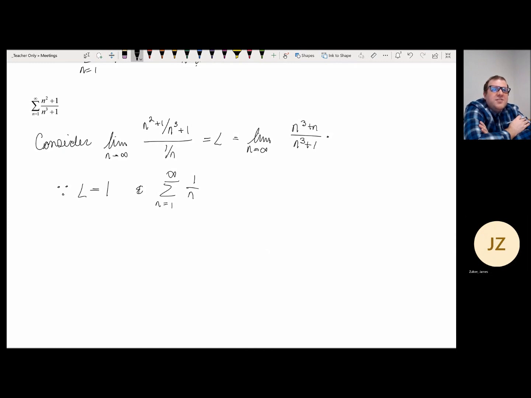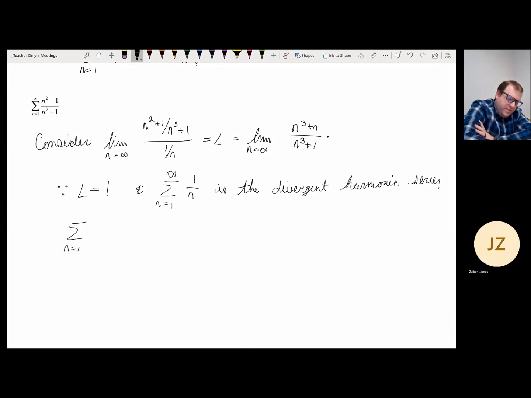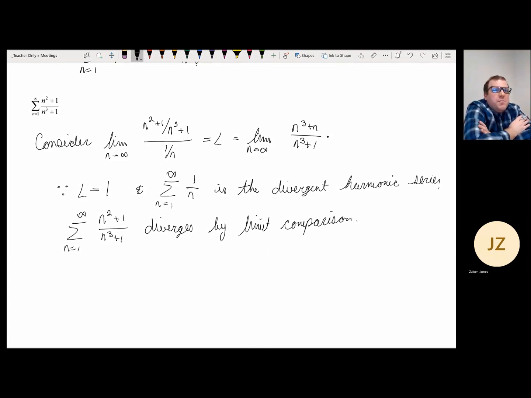This is the harmonic series. So our series diverges by limit comparison. Okay, 1 is finite and larger than 0.